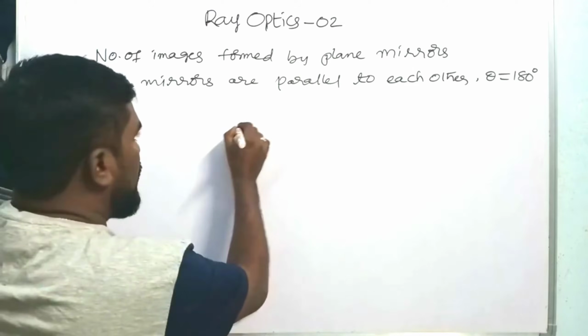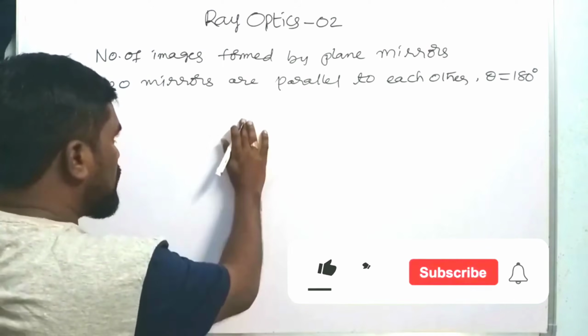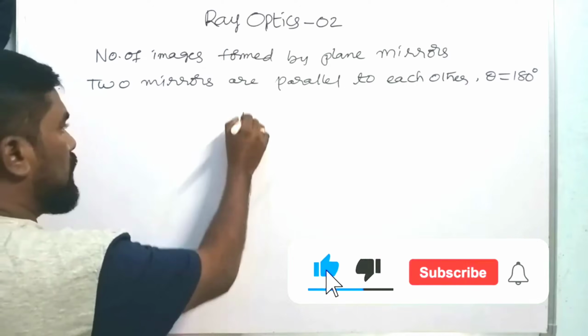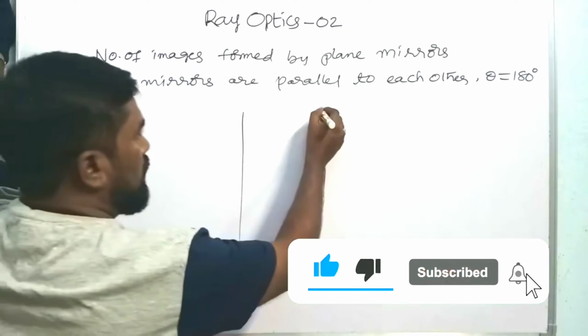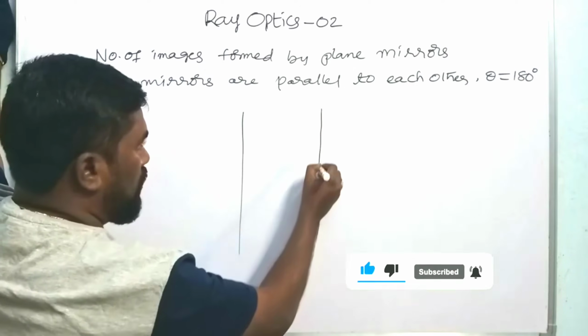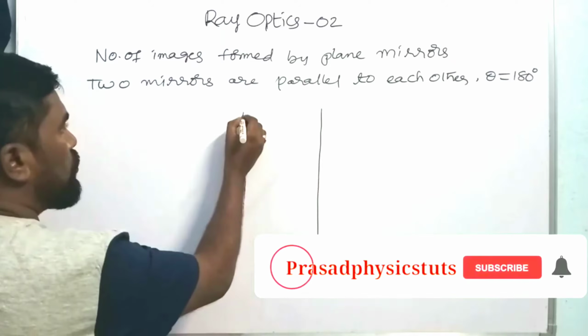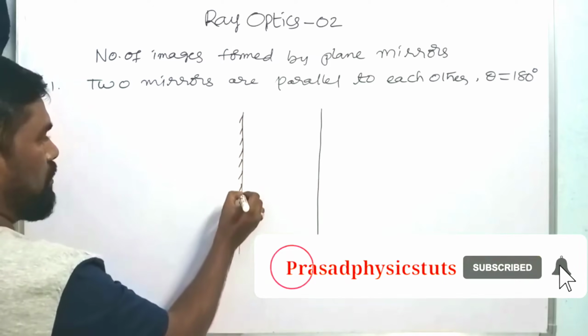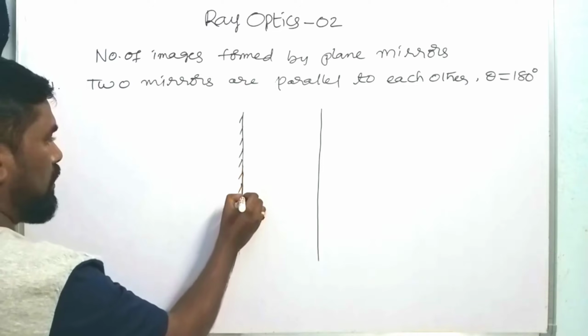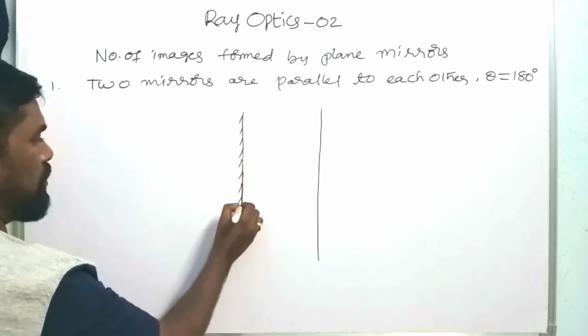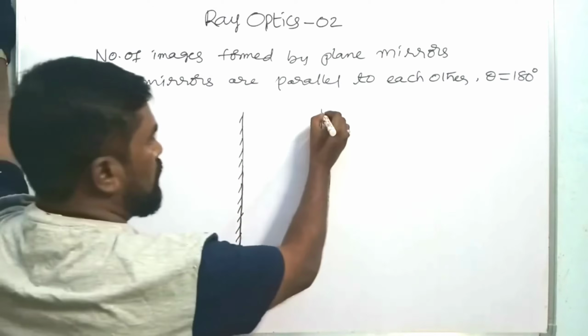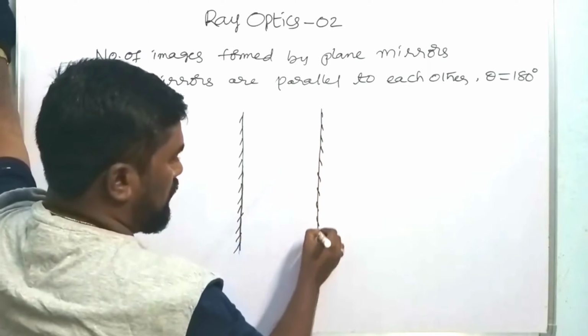So here there is a mirror, and this is one more mirror. These two mirrors are parallel to each other. Right?